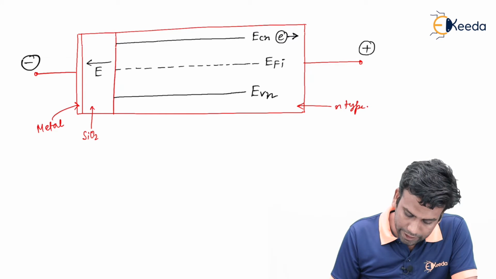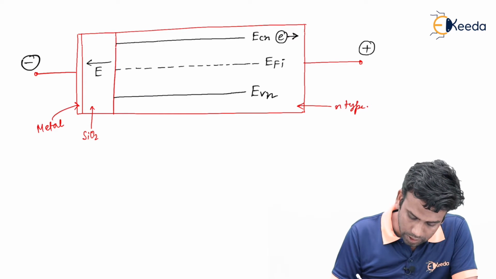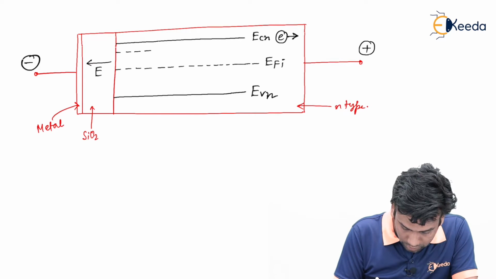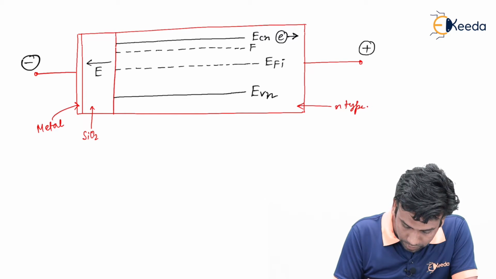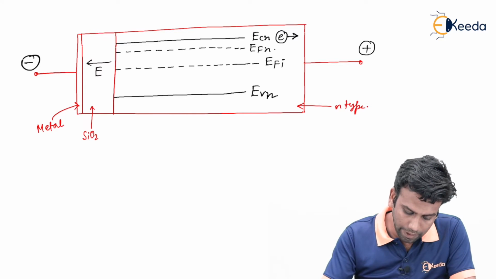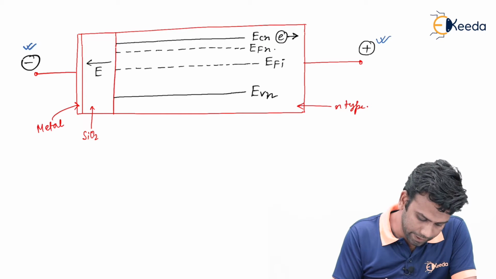And since it is an N type semiconductor, the Fermi level of this N type will be near the conduction band. So it is EFN. Now we have applied a positive potential here and negative here.